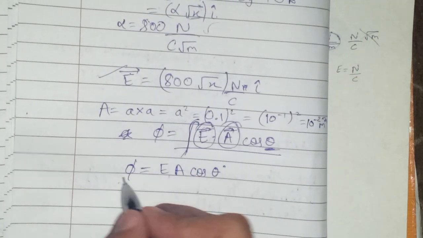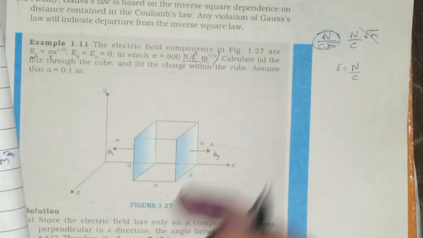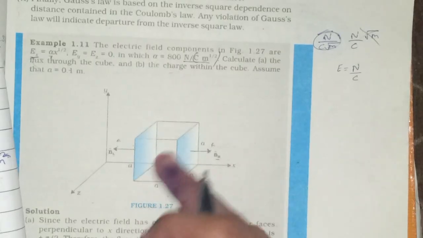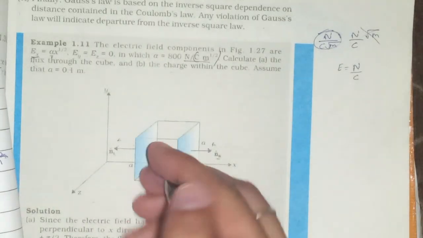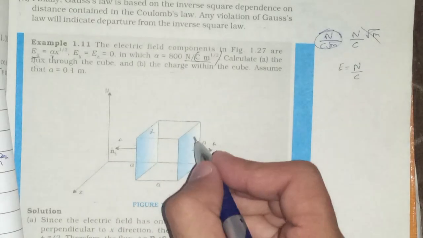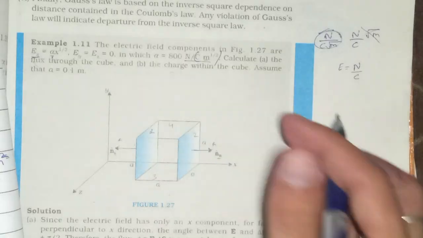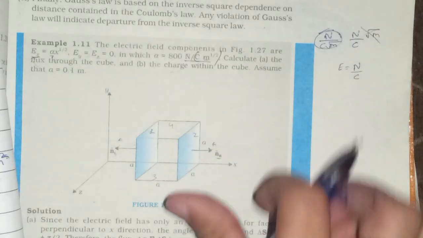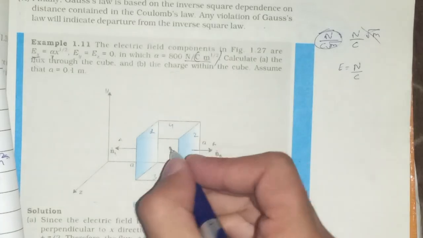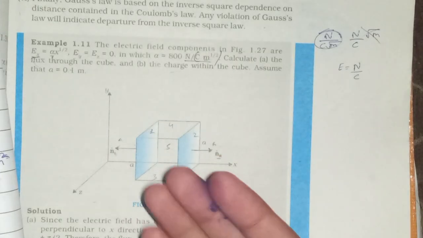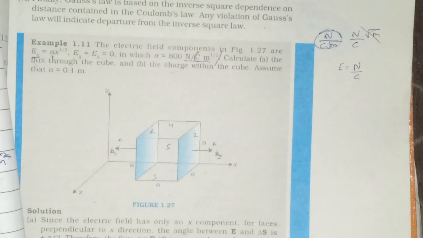Now let's find the flux for each area. I would call these surfaces 1, 2, 3, 4, then the backward surface 5, and the front surface, which gets messy.